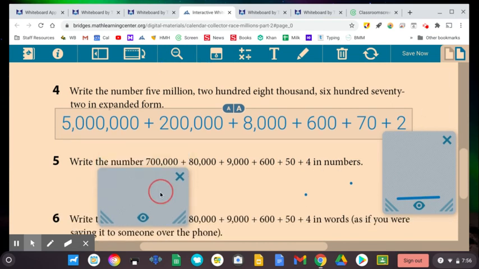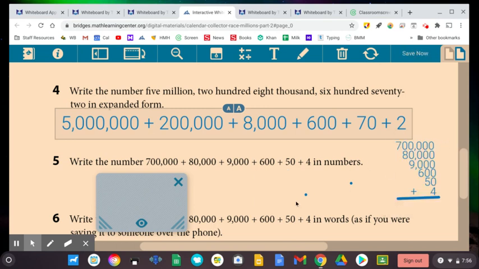Now, with this one, it's such a tiny little number. And you need to write this, putting it all together. So, I want you to look at this. Oh my goodness, look at that. There's our 700,000, and there's an 80,000, and a 9,000, and a 600, and a 50, and a 4.